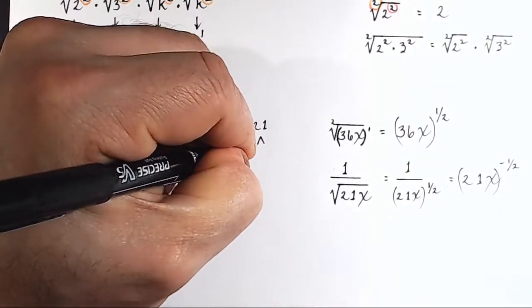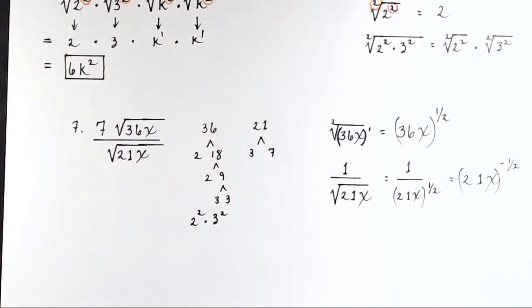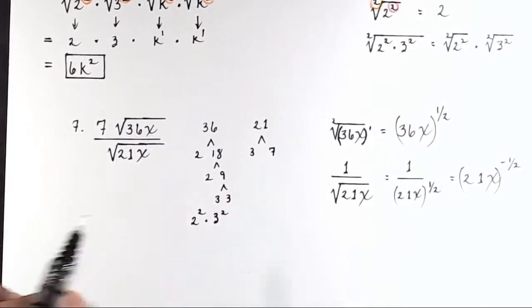Now 21 is just 3 times 7, so that can't be broken down any further.